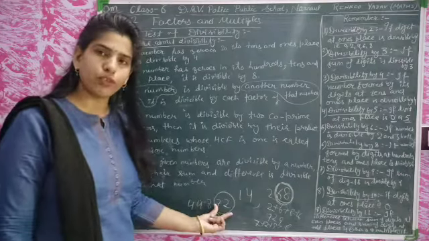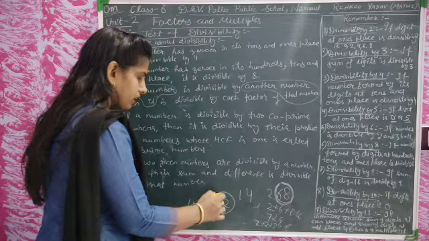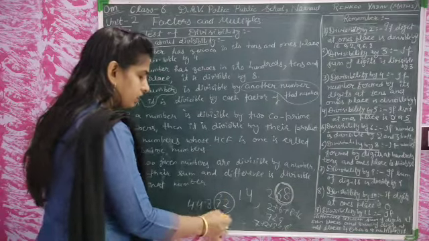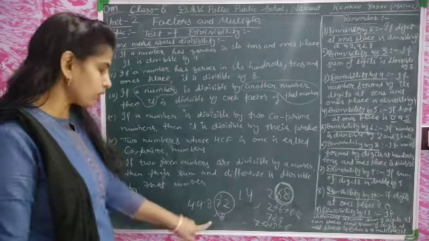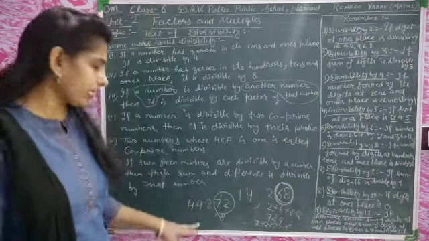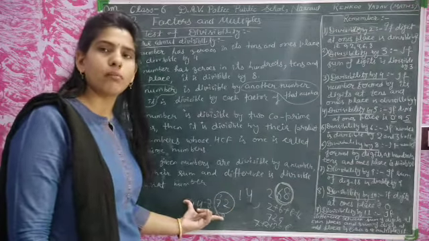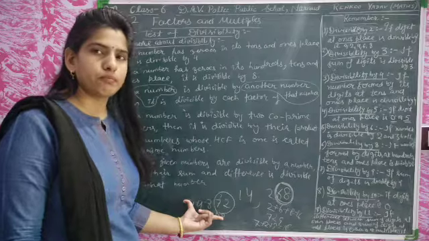Is 72 divisible by 4? Yes, 4 times 18 is 72. So it is exactly divisible, which means the whole number is divisible by 4.